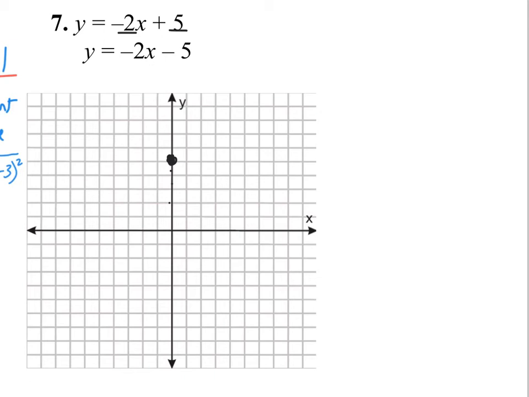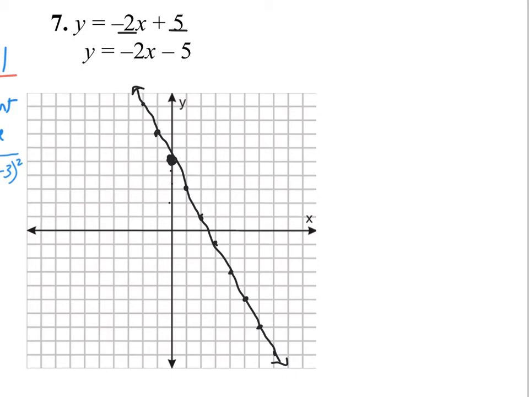So I'm going to go down 2 over 1, down 2 over 1, and just kind of create this pattern here. Go up 2 to the left 1, up 2 to the left 1. I'm going to go ahead and connect all these points with a line. Imagine that's a straight line. I'm trying my best here.